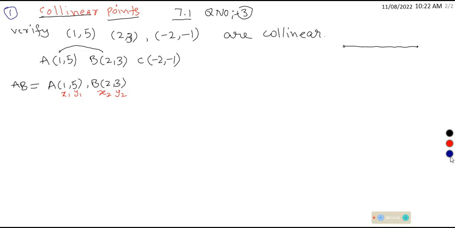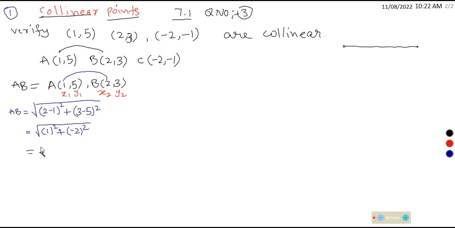Now the distance between these 2 points: AB is equal to root of (x2 minus x1) whole square plus (y2 minus y1) whole square, which is (2 minus 1) square, 1 square, plus (3 minus 5) square, minus 2 square.